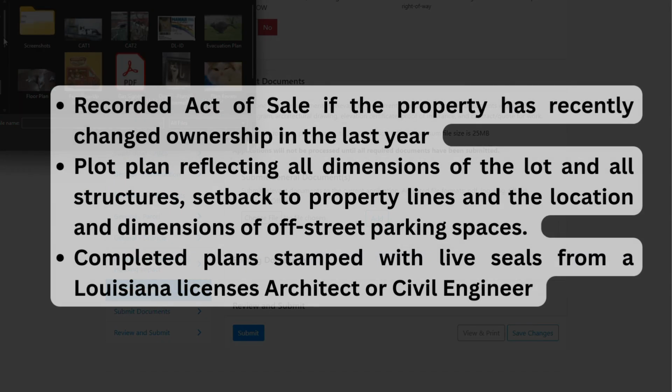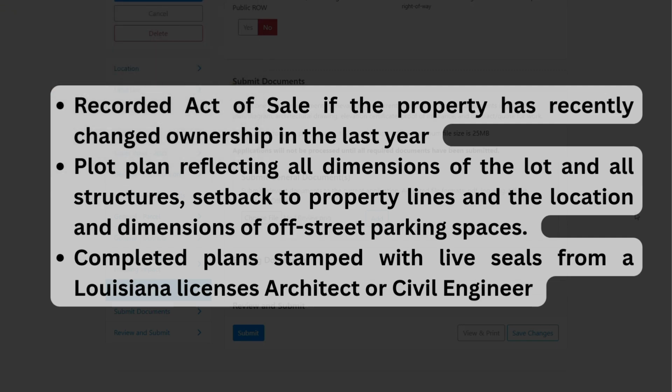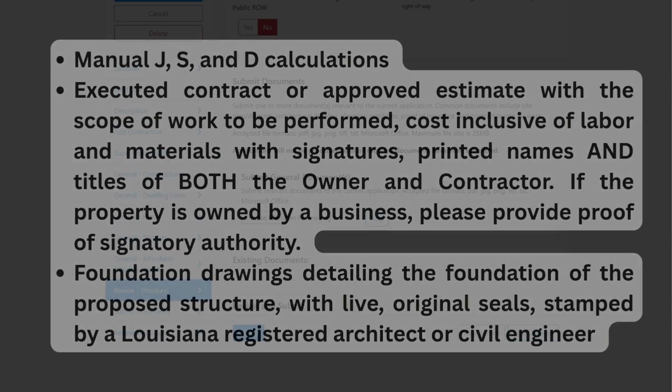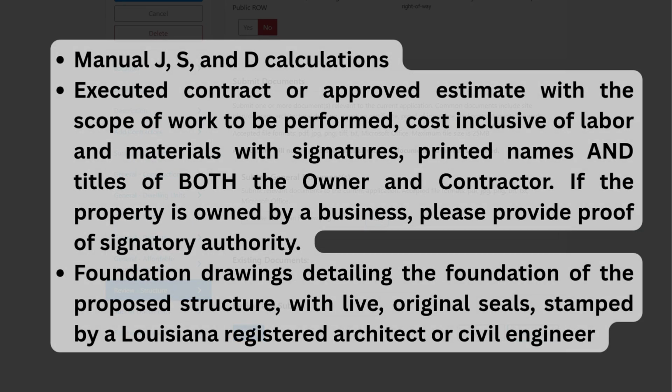Common documents are recorded act of sale if the property has recently changed ownership in the last year, a plot plan reflecting all dimensions of the lot and all structures set back to property lines and the location and dimensions of off-street parking spaces, completed plans stamped with live seals from a Louisiana licensed architect or civil engineer, Manual J, S, and D calculations, executed contract or approved estimate with the scope of work to be performed, cost inclusive of labor and materials with signatures, and printed names and titles of both the owner and contractor.